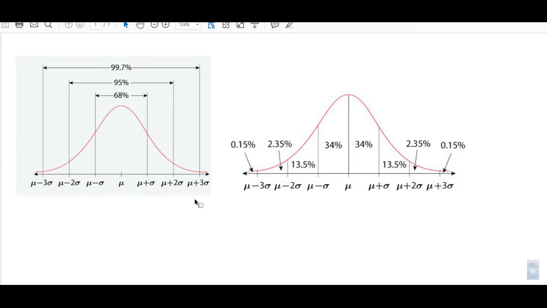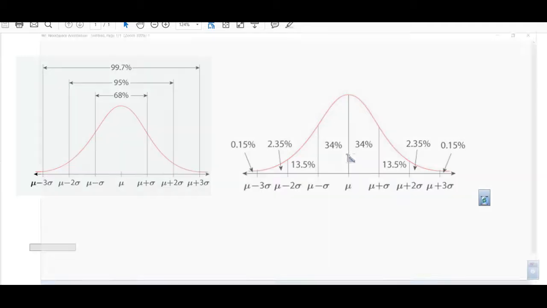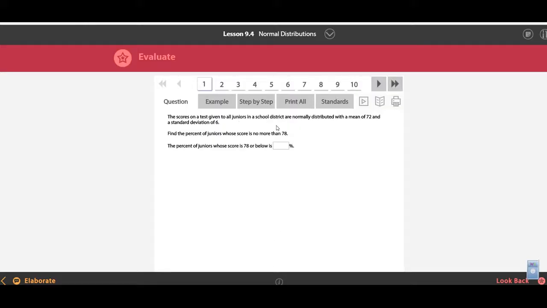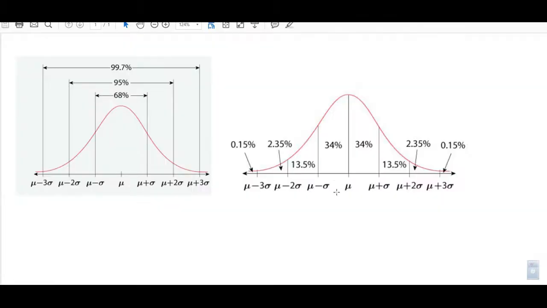Again, you should have gone through this already. Just a quick reminder. So they told us we had a mean of 72, I believe. Now I'm doubting myself. Let's go back real quick and check. A mean of 72 and a standard deviation of 6.